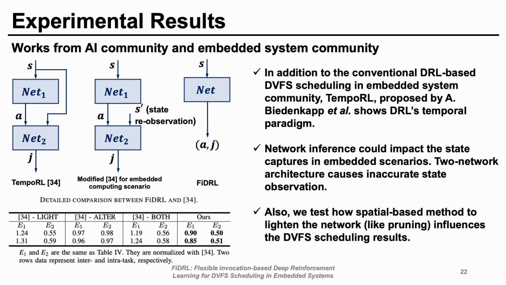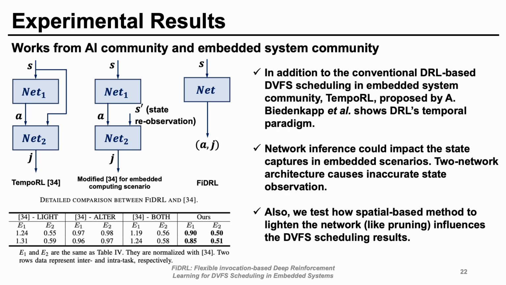It is a two-network architecture. The state is used in net 1 to output the actual action A, and reused in net 2 to output the repeat times J. So the state is reused here, but in an embedded system environment, the states are different before and after passing net 1. And the network architecture is not compact in embedded scenarios.